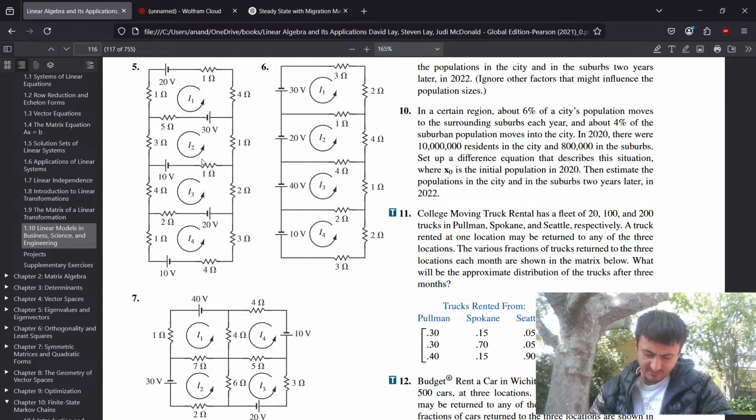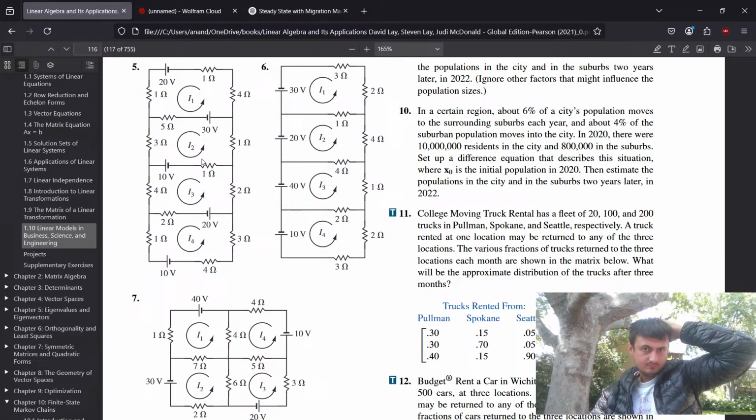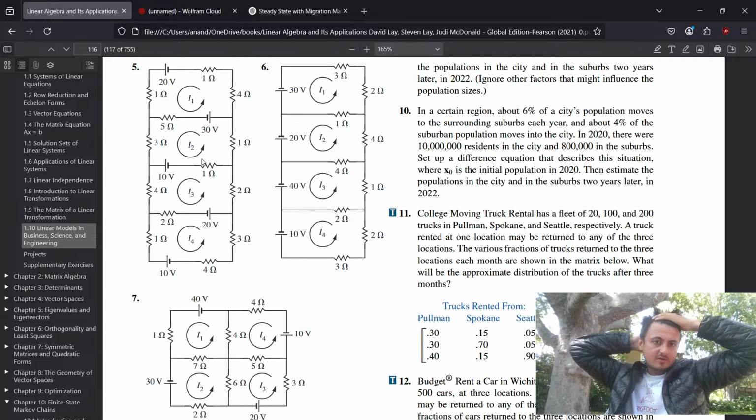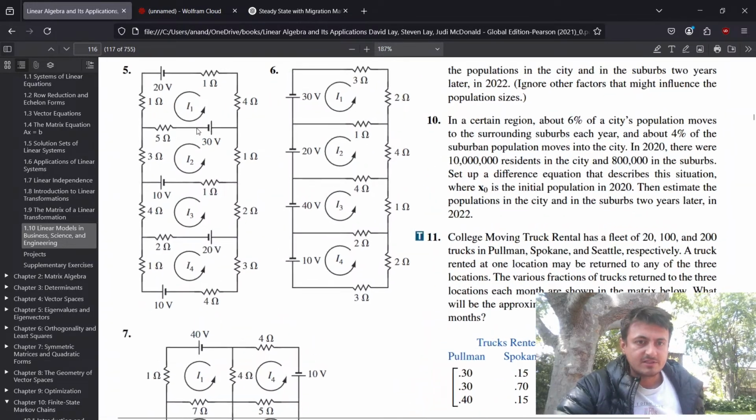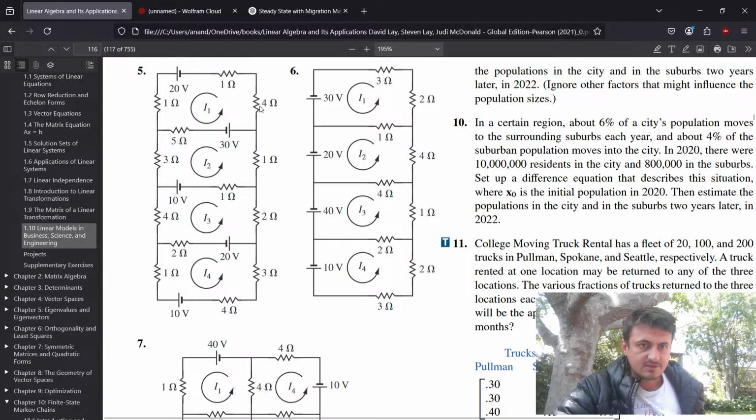We know it's going to be something 10I2. I'm trying to think. All the arrows are pointing the same way, but the voltage sources are not. See how they flip? These are good exercises to do because I hate these.